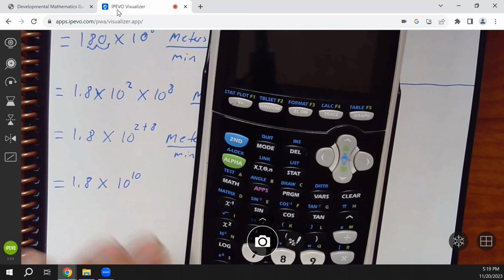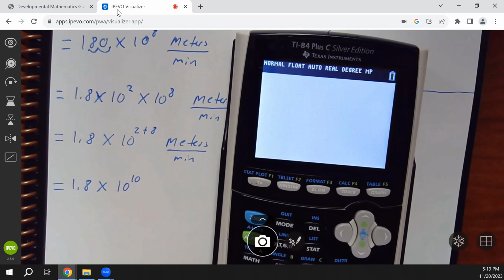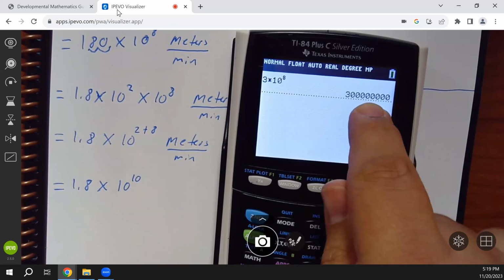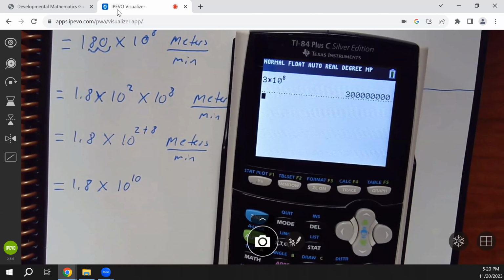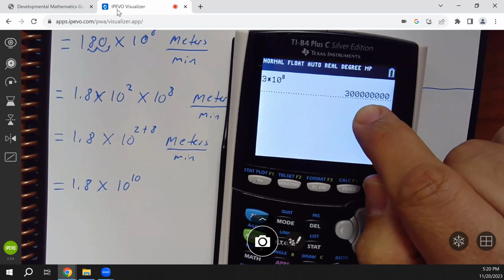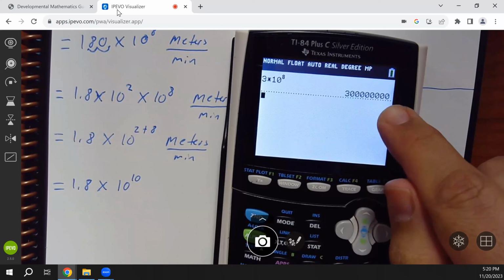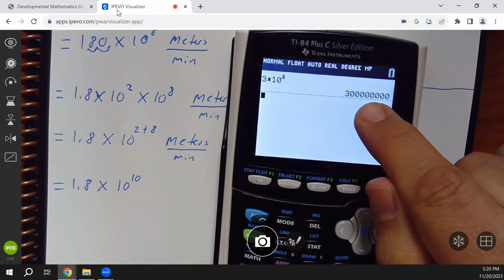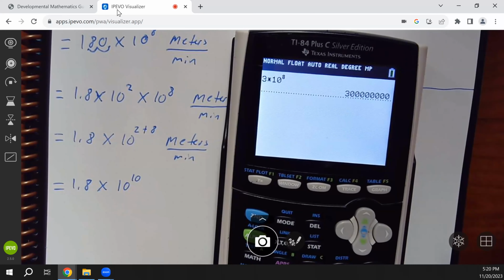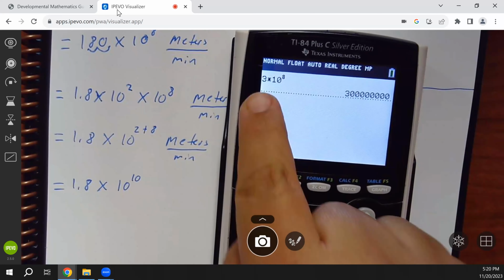Good. So 3 times 10 to the 8 is too big to write out all the time, it's annoying. What is that? 300 billion? I can't even see. 1, 2, 3. 300 million. A little big. So this is much simpler.